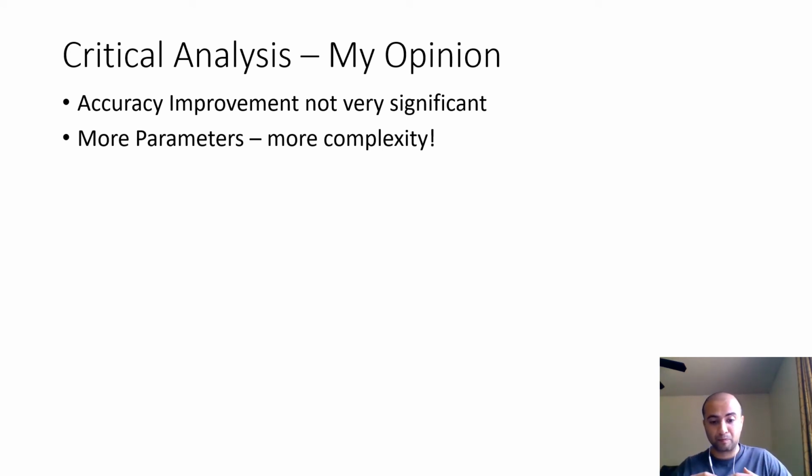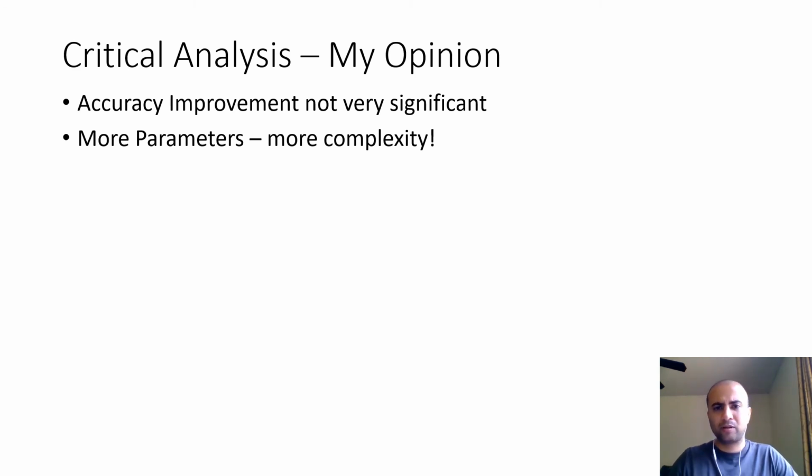And if the aspects that have to be learned are, let's say, not 10 but 100, that increases the complexity so much more. So the one slight drawback is that more parameters means more complexity.